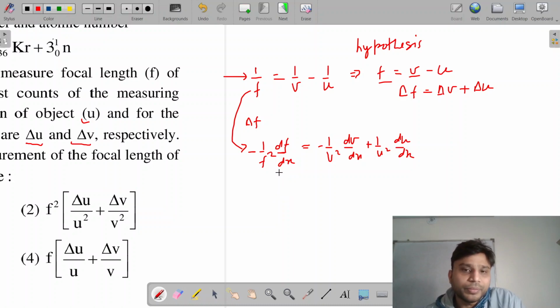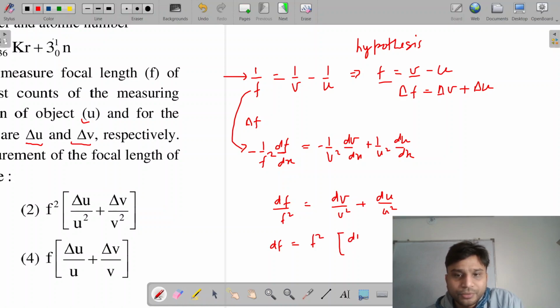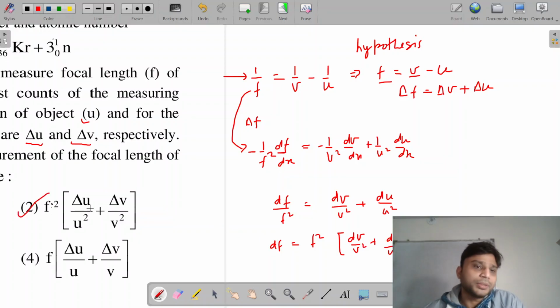So here, saying that df is some error value, df upon f square is equal to dv upon v square plus du upon u square. This implies the error in f is equal to f square into dv upon v square plus du upon u square. So option 2 is the correct one.